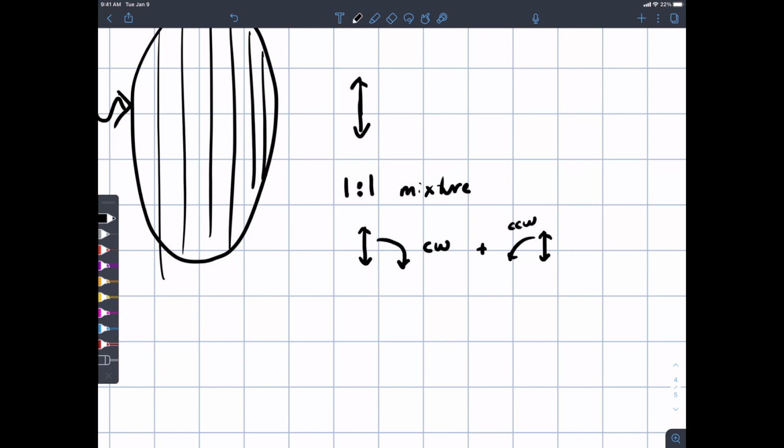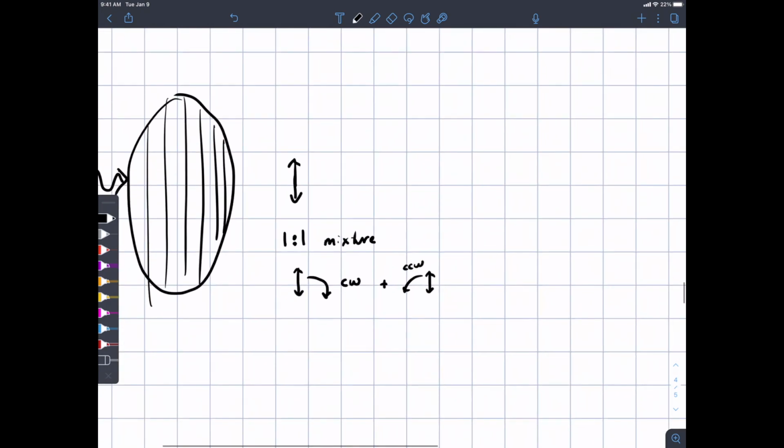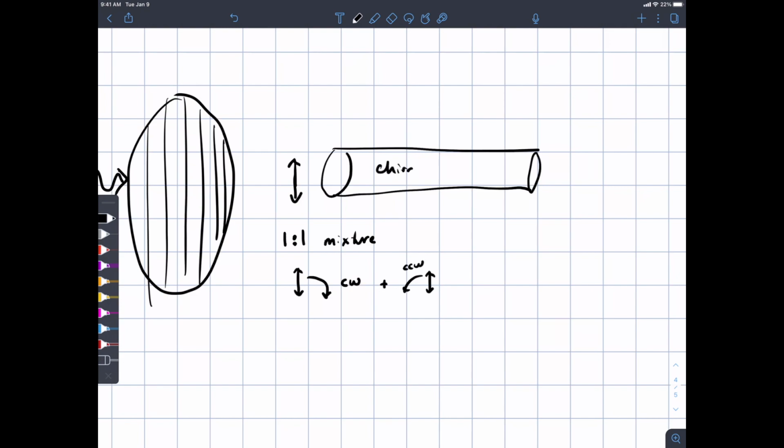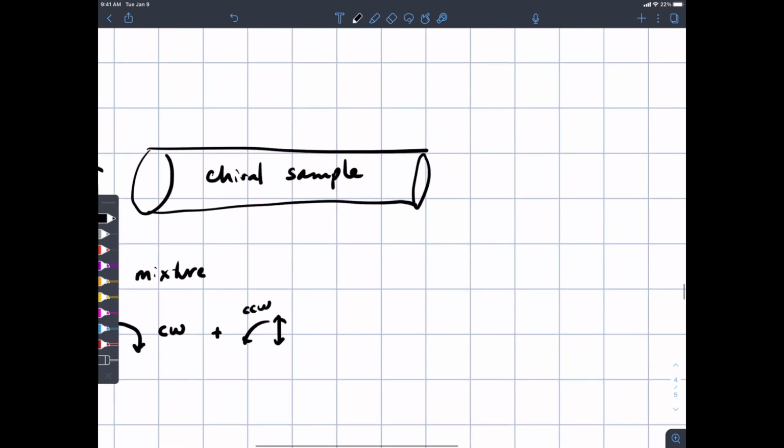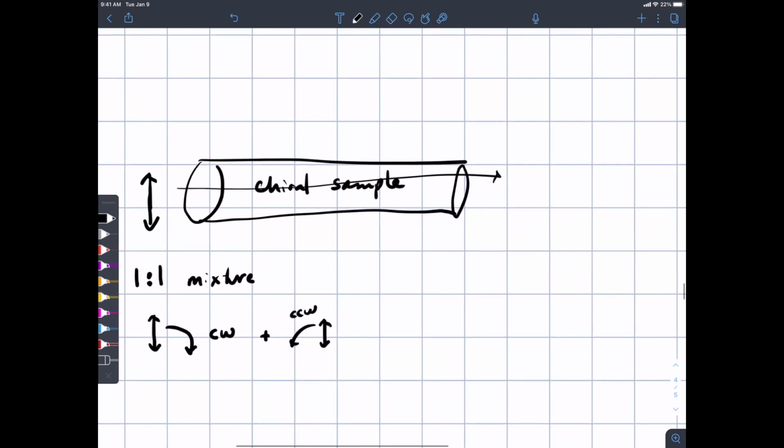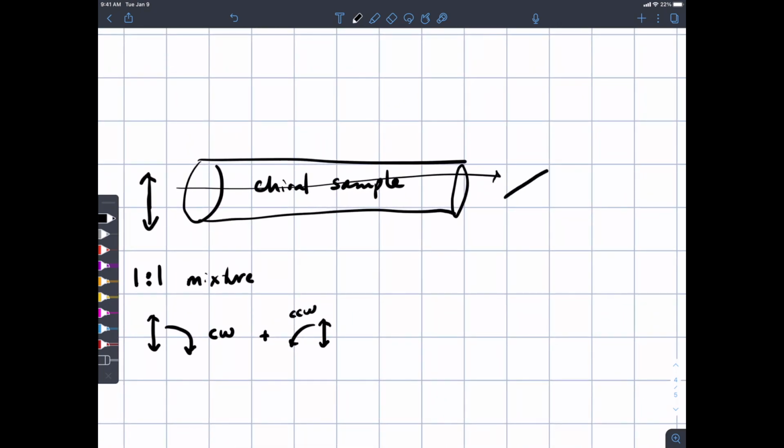And the physics of that aren't important, but what happens is if you pass this light through a cylinder filled with a chiral sample, the chiral sample will absorb one handedness of light more than another. And on the other end, what that looks like is the plane of polarization rotates.